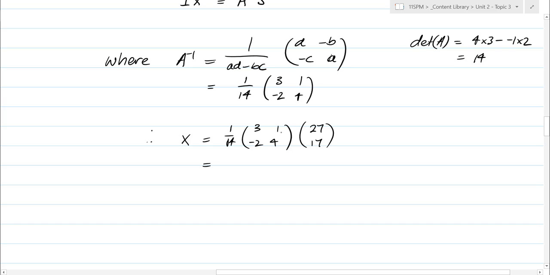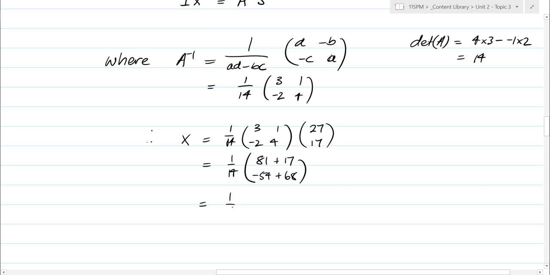And so I do 3, 1 times 27, 17. 3 times 27, that's 1 over 14, times 81 plus 17. And negative 2 times 27 is negative 54. 4 times 17 is 68. So it's negative 54 plus 68.